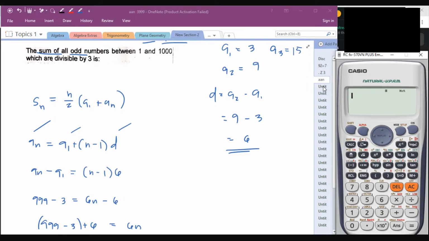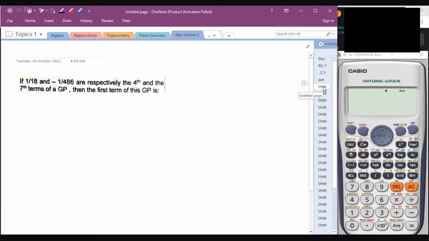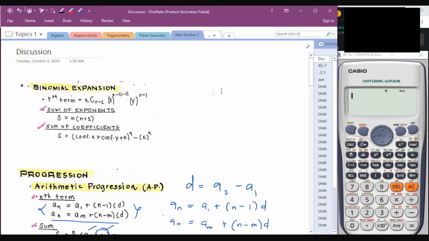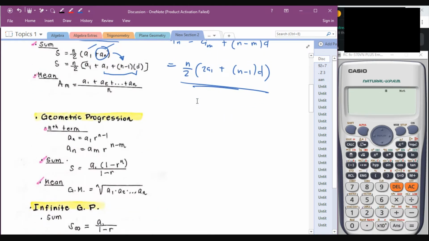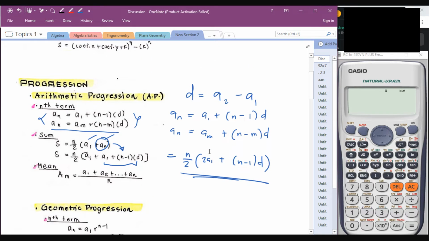Clear, sir, clear. Clear? So, geometric progression, okay? For geometric progression, hindi na siya katulad ng arithmetic progression. So, ang arithmetic mo is ang nagiging accumulation niya, we have a common difference there.